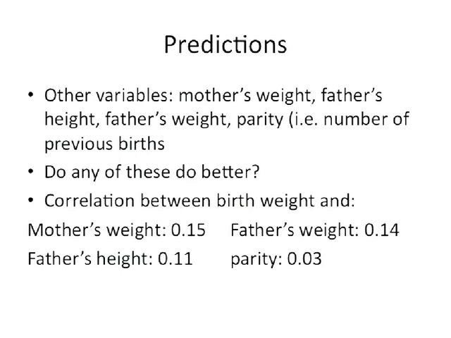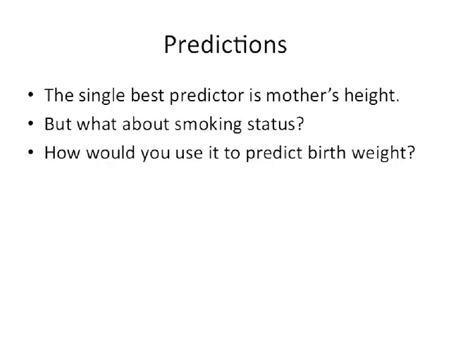But what about smoking status? How would you go about predicting birth weight based on smoking status, when you just have two, never smoked and now smoke? Let's simplify it. The mother's currently smoking, the mother never smoked. What would you do?